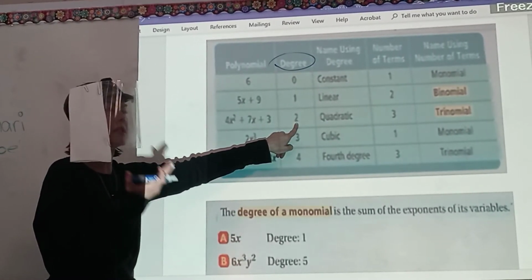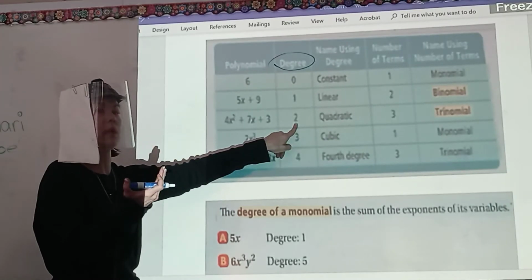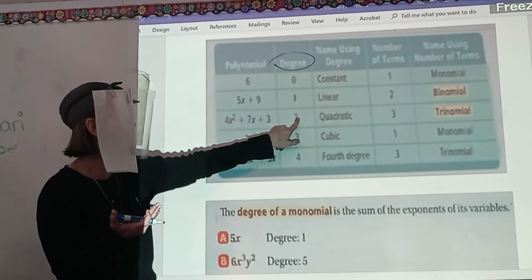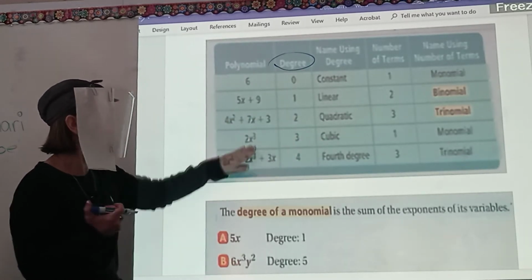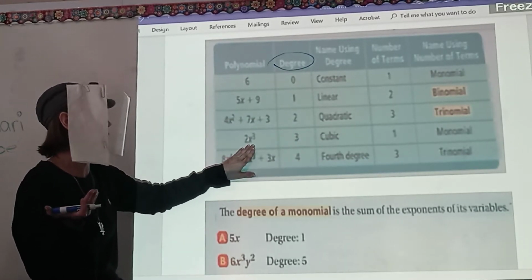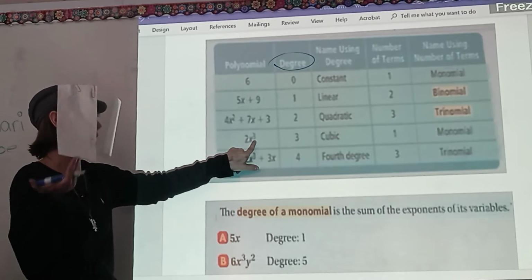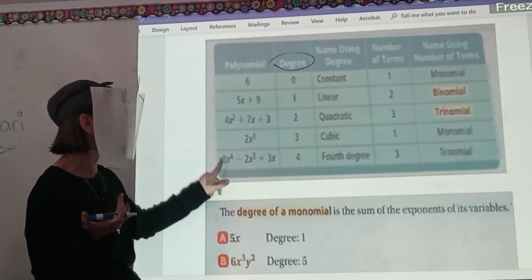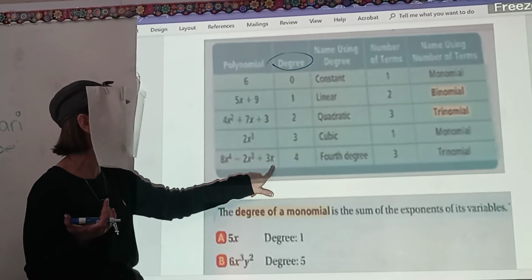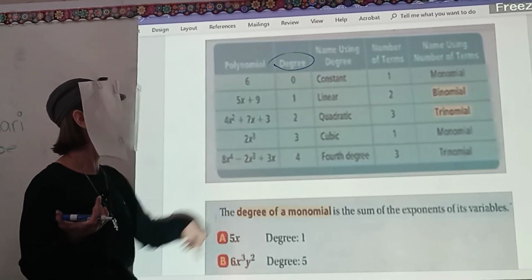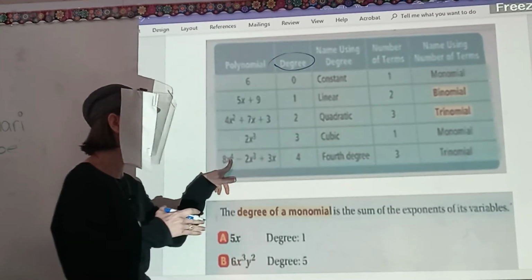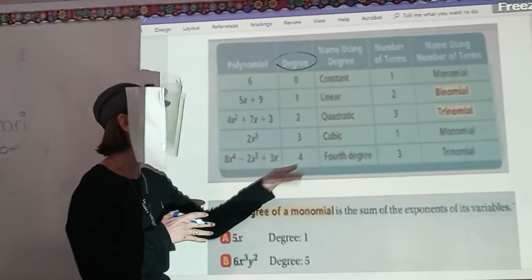Here there's only one term, a monomial, and the only exponent is 3, so the degree is 3. Then we have a trinomial with x to the 4th, x to the 3rd, and x to the 1st. Even though the 1 is not there, you know it's there. The highest exponent in this list is 4, so the degree is 4.